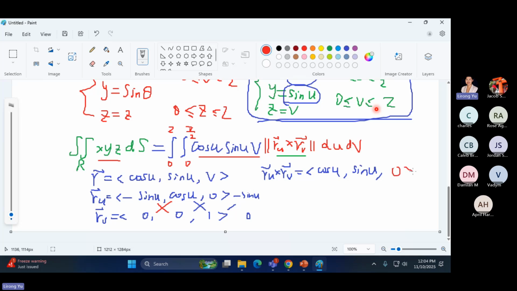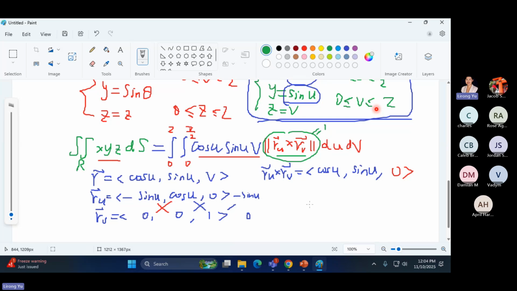It's actually 0 there. So then we can find the magnitude. Obviously the magnitude of this would be the root of cosine squared plus sine squared, which is really 1. So that says this whole magnitude is 1. It's nice that it's equal to 1, so it doesn't add extra computational difficulty. So there we have it.